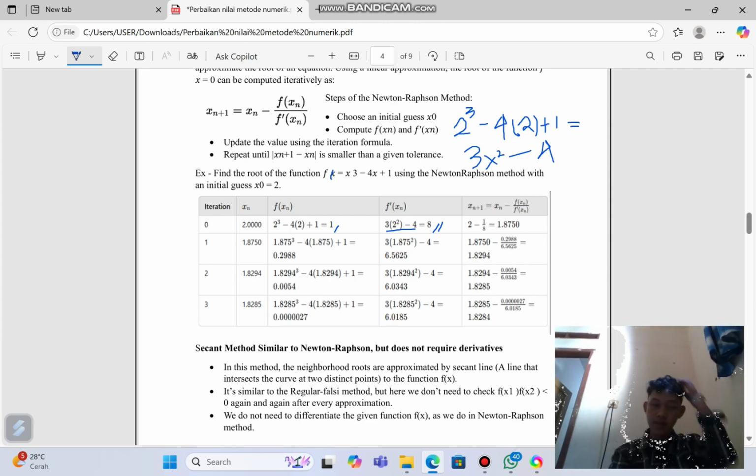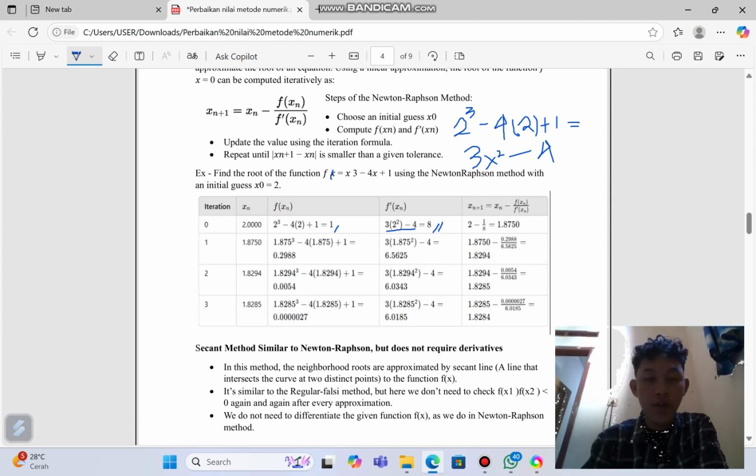Because now we already have the value of f(x_n) and the derivative f'(x_n), we substitute into the formula like this.